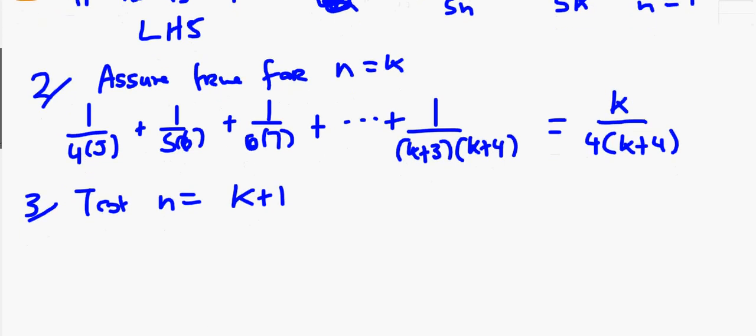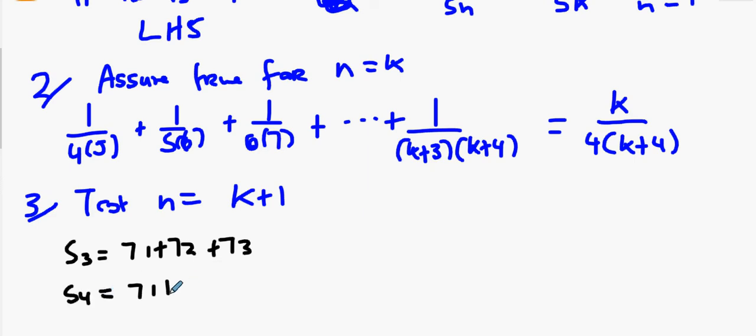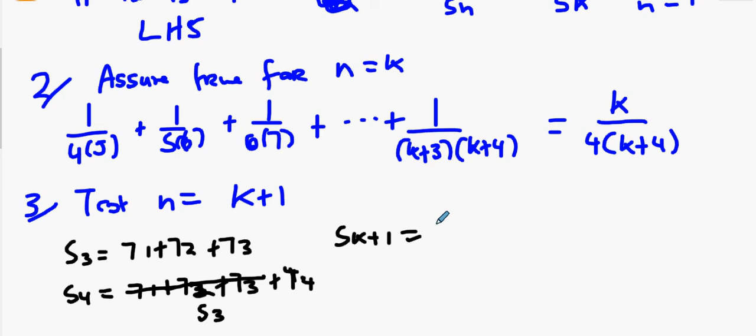So once again, we're working off the premise that, for example, S3 is T1 plus T2 plus T3, and S4 is T1 plus T2 plus T3 plus T4, and we're working off the premise that we can sub out the first 3 values with S3, and that will follow that S of k plus 1 is equal to sk plus tk plus 1.